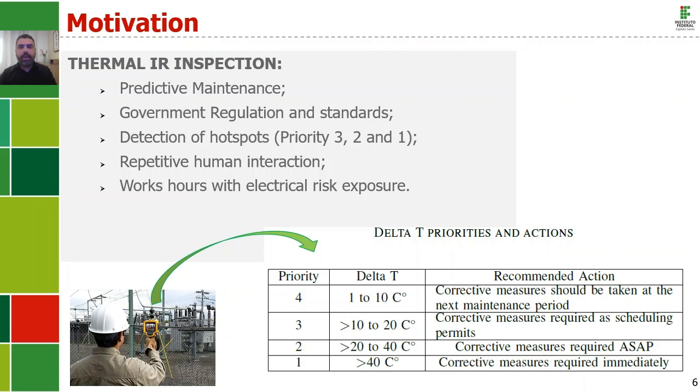This paper aims to detect and classify the priorities 3, 2, and 1 because those require measures from the operational and maintenance team. With this, the project would avoid human errors and time of exposure to electrical risk areas and also reduce costs of maintenance.